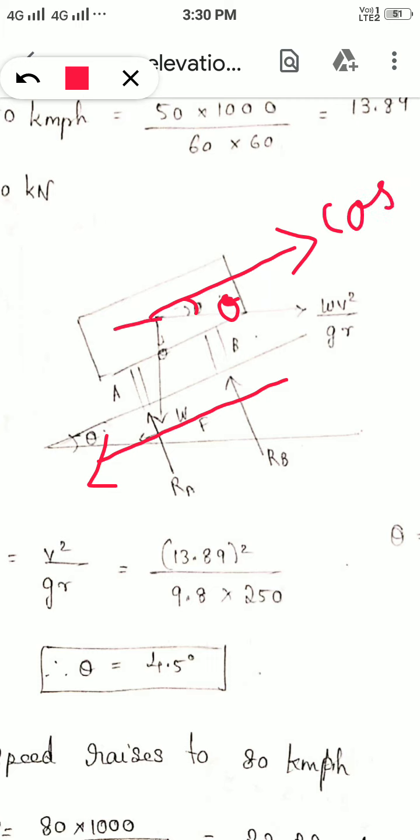This W will act this way and the angle is away from the horizontal, so this will act like sine. When you resolve this whole component, you will get minus F plus W V square by GR cos theta minus W into sine theta, which is equal to 0.